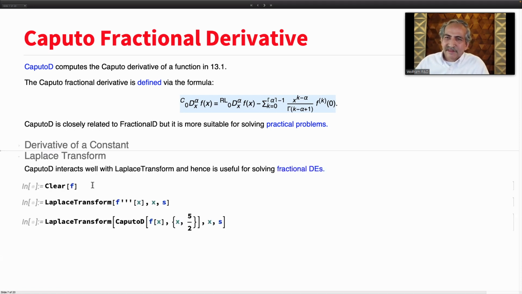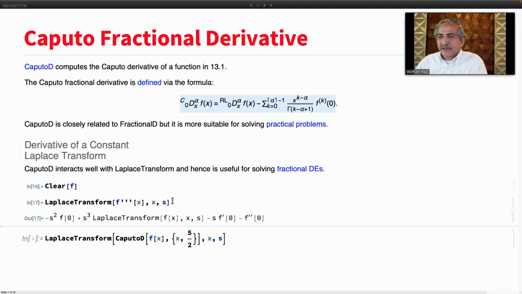So let's just clear it in case I've done something with it early on. And let's say you're doing college differential equations, and someone asks you, what is the Laplace transform of the third derivative of x? Then that answer over here is what you'd see. It's got the S domain, the frequency domain over here, and you got the derivatives at 0, the initial values.